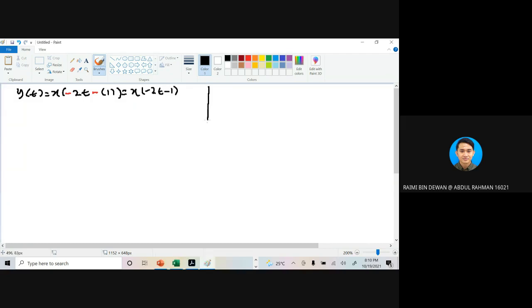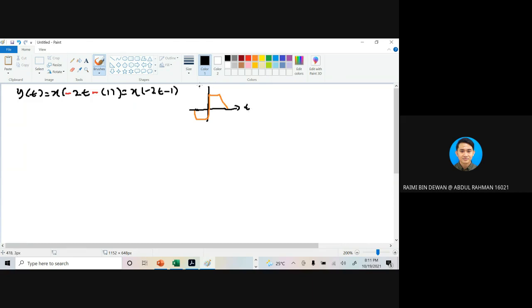This is the initial graph. Then you have your t axis, then you have your x(t).